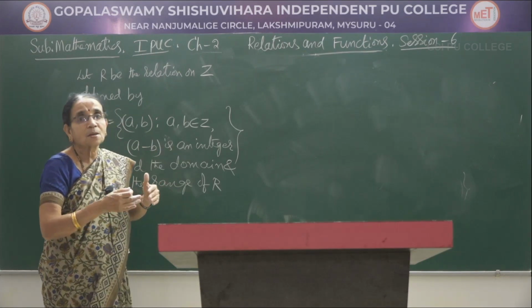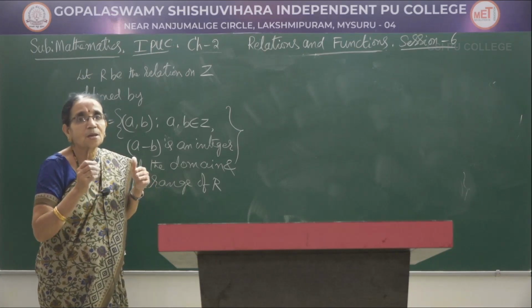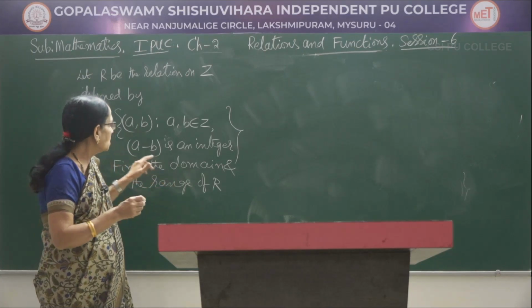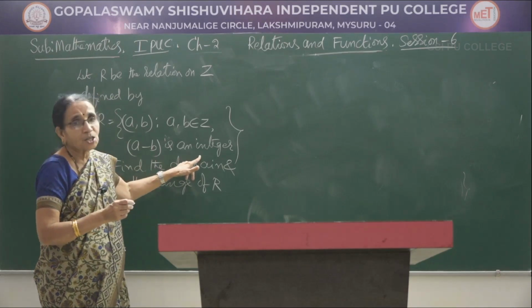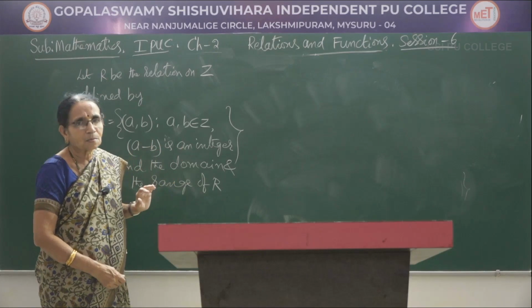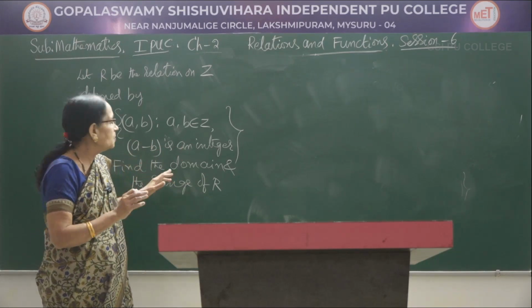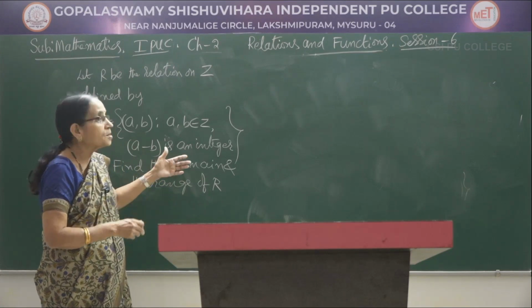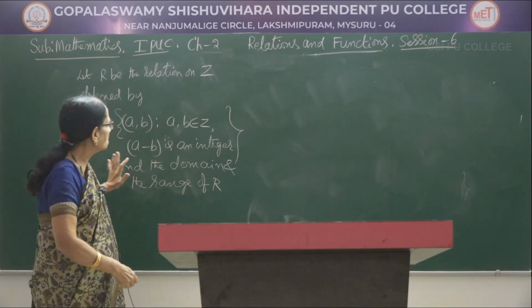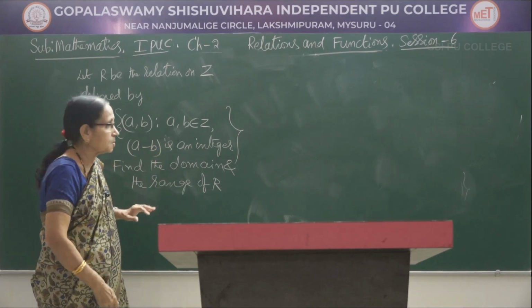There is no question of taking all the possible combinations here because the set Z itself is an infinite set. So, we consider only the relation here: A minus B is an integer. Now, I will just take 1 or 2 examples, then we will know whether it is an integer or not. Let me give some values just to make you understand this.